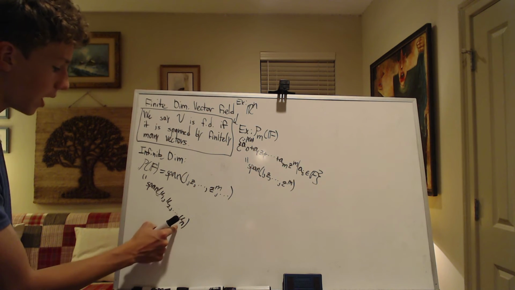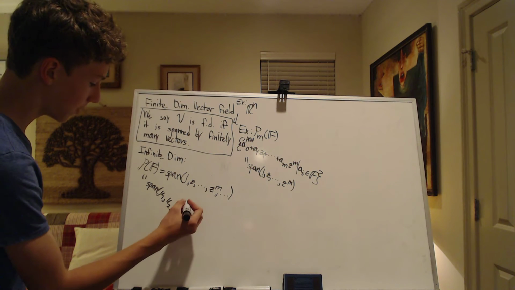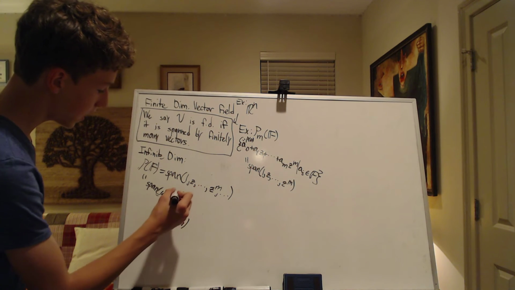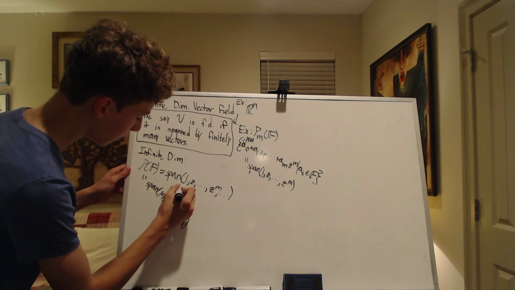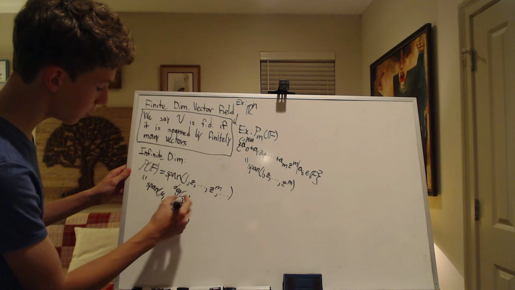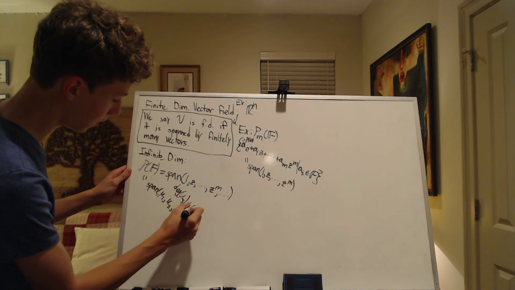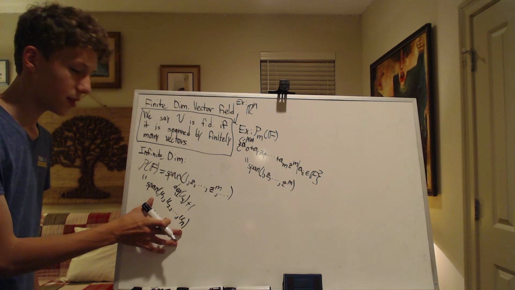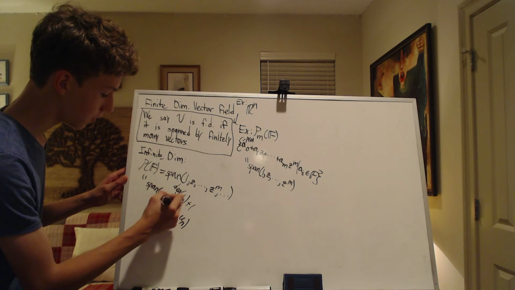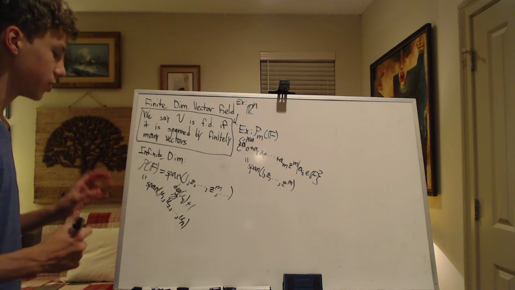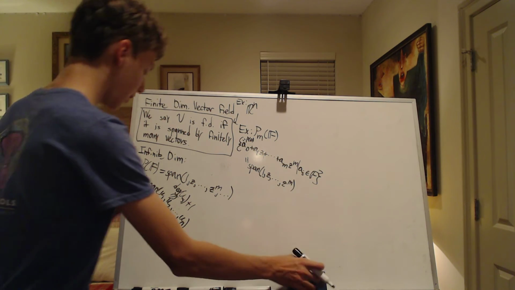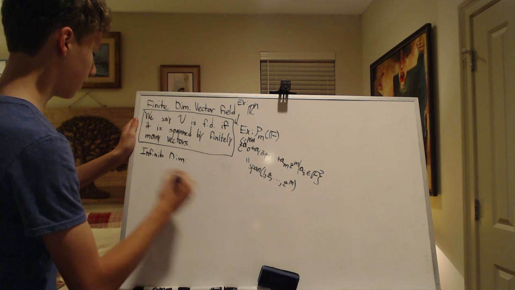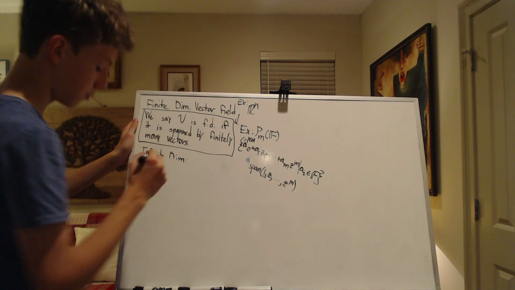Now we take the element with the largest degree, say that's uj, there surely exists such an element, and consider the degree of uj plus 1. Clearly that degree does not exist in the span, and so in other words this vector space cannot be spanned by a finite set of vectors, right? So that's one good example.